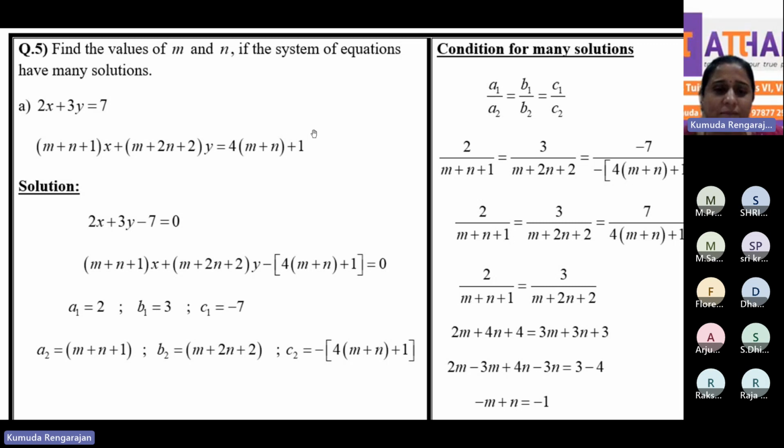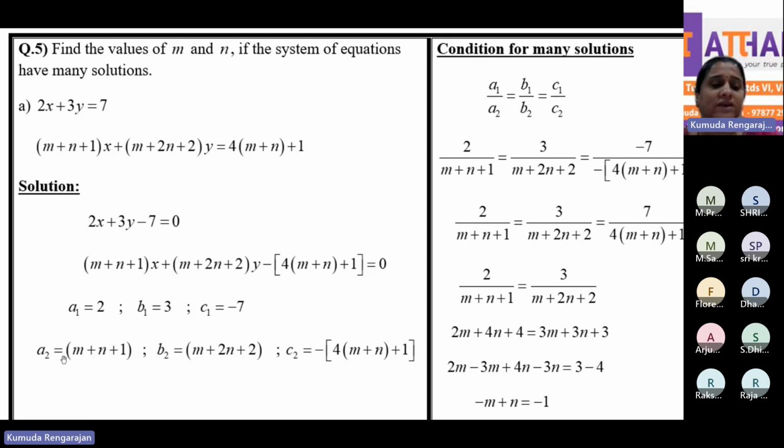Can you see here, children? Say yes or no. Yes, ma'am. Okay, simply enclose that in a bracket and take it to the other side with the minus sign is equal to 0.